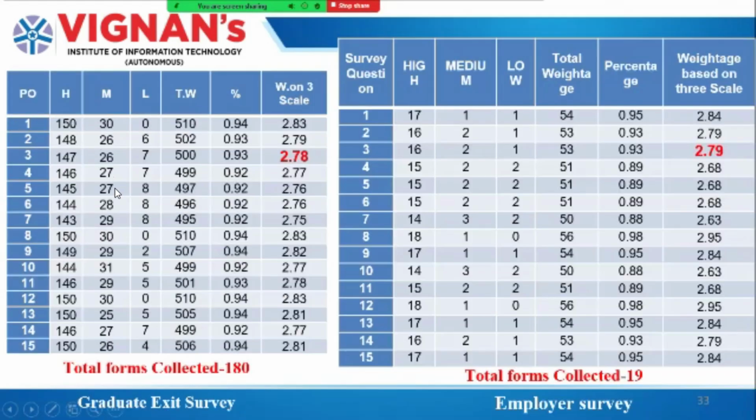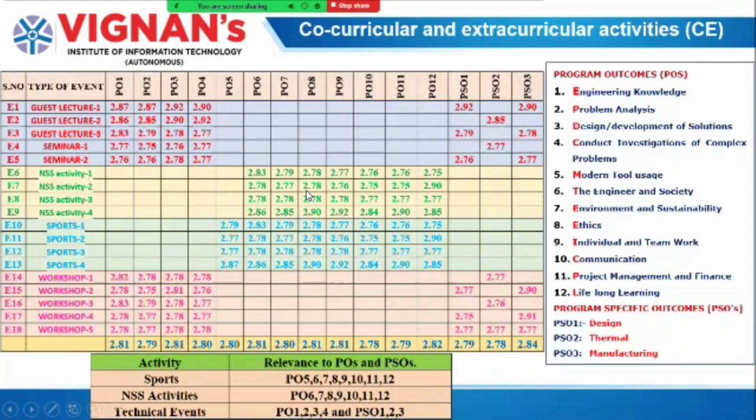See, out of 180 forms, these are the values here. We calculated 19 forms for the employer survey. The last survey is on co-curricular and extracurricular activities.